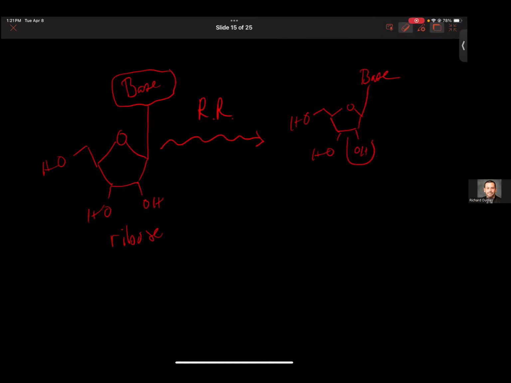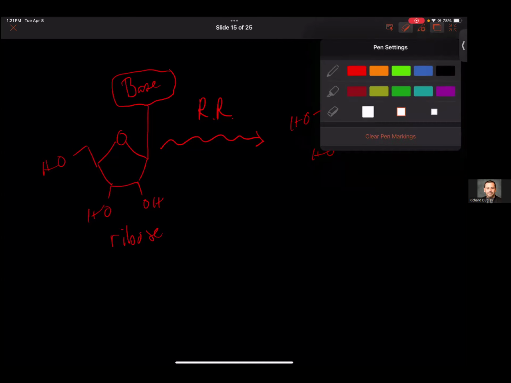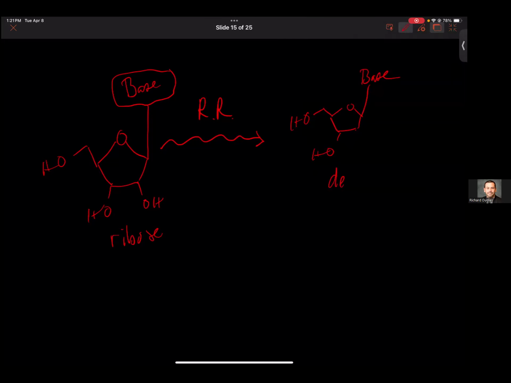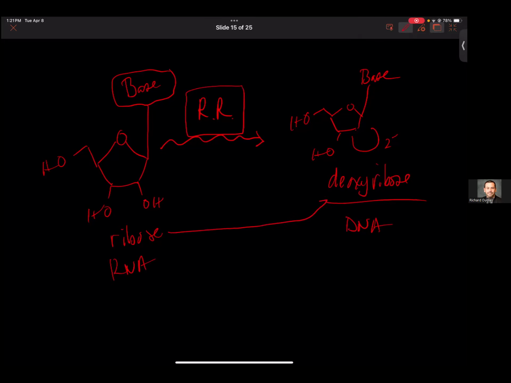So this enzyme has a magic eraser that it can just run over the screen like this and remove the alcohol. Now you have a deoxyribose equivalent where there is nothing here at the 2' position. So this is how you make your substrates for DNA. And these, of course, are going to be your RNA substrates, the ones that have the ribose sugar. So ribonucleotide reductase is the enzyme that facilitates the conversion of ribose to deoxyribose nucleosides.